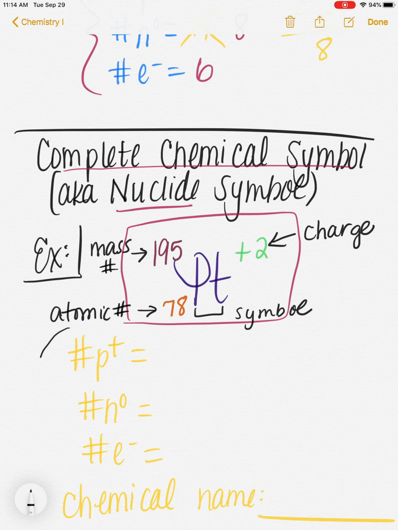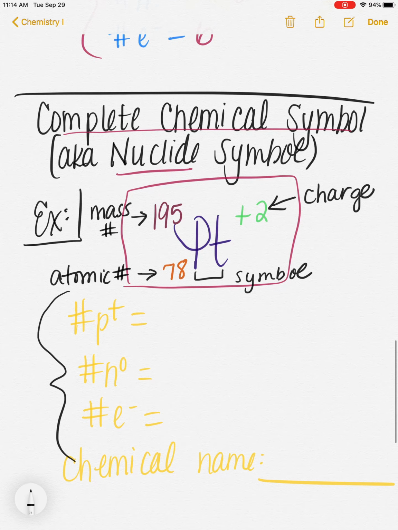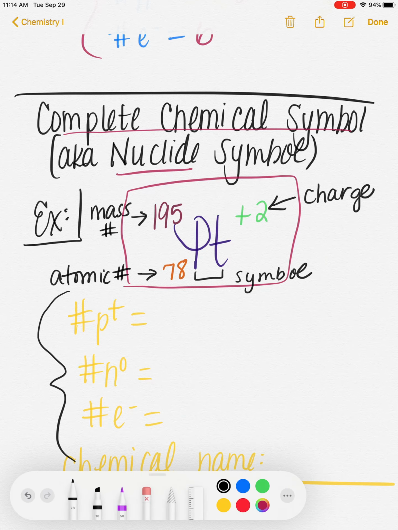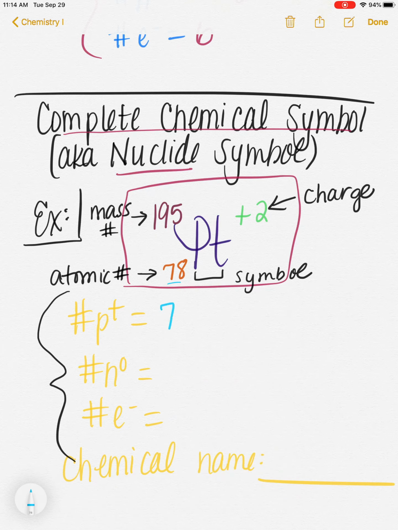So if I gave you a complete chemical symbol like this, it would be fair game for me to ask you these things. How many protons, neutrons, and electrons are there? All right, protons is equal to the atomic number. So in this case, our atomic number is 78 down here. If you weren't sure, you could also look up Pt on the periodic table and find its atomic number.